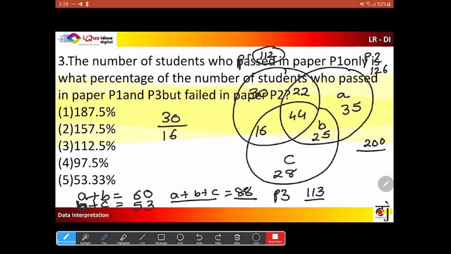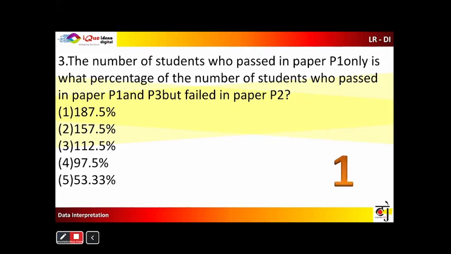So 30 is what percentage of 16? Obviously, 100 से तो ज़्यादा ही होगा. Almost double है. The only value possible is 187.5. Calculate करने की जरूरत नहीं है, approximation से आ जाएगा. Got this one?